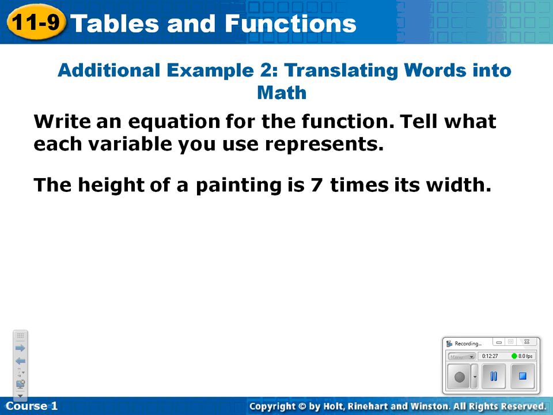Well, let's look for keywords. What are some keywords that we have here? There's some key words in this that are math words. There's some key things that we need to do. What do you see, Thomas? 7. Definitely 7. Number is usually going to go in a number sentence. Times. There's another one. Give me another one. Height. Give me another one. Width.